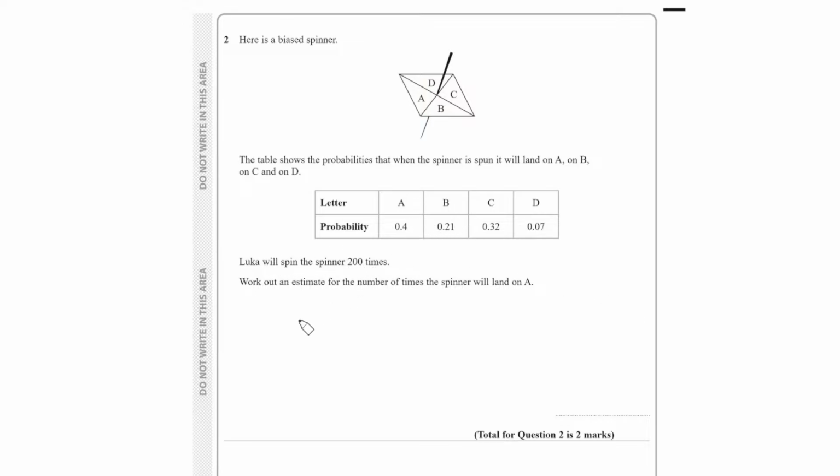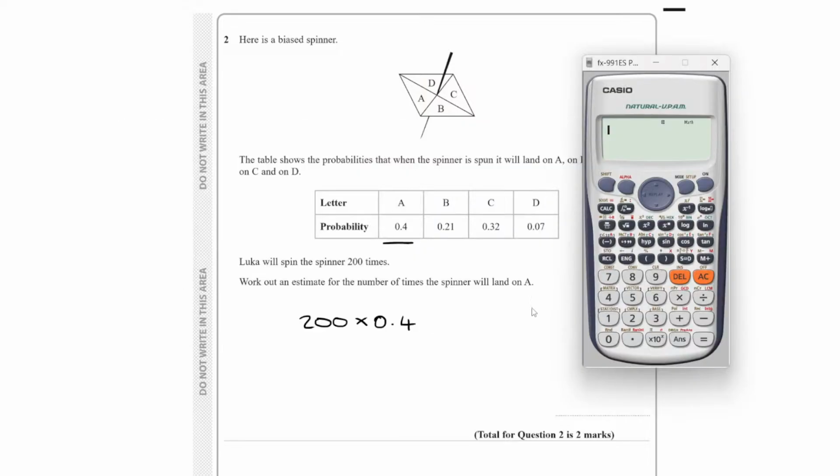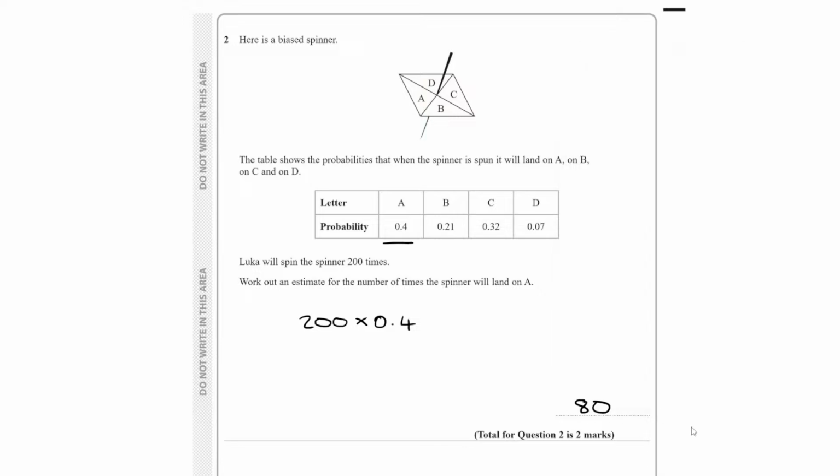All we need to do is take the 200 or whatever number they give you and multiply it by the probability. So in this case it's A, so that's the 0.4. Now remember, this is calculator, so feel free to use that, times 0.4, which is 80. Okay, it's literally as straightforward as that. That's it for the 2 marks.